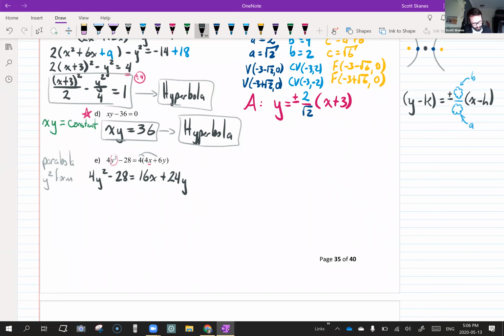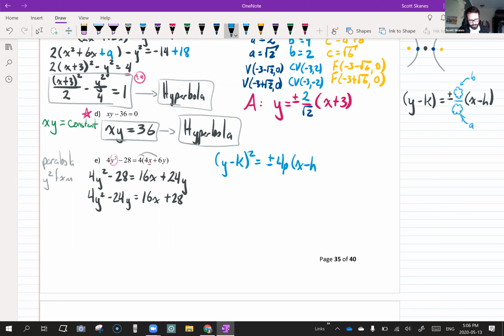Let's move ahead. So on the left side, I need to collect all my y's. It looks like this. On the right side, I'm going to collect my x's. That's different. How did I possibly know that? Well, you need to see that it looks like a parabola, and then you know what the parabola is supposed to look like.